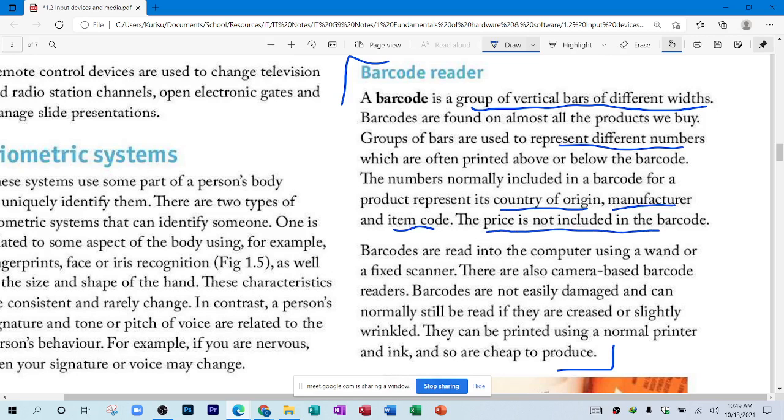Barcodes are read into the computer using a wand or fixed scanner. There are also camera-based barcode readers. Barcodes are not easily damaged and can normally still be read if they are creased or slightly wrinkled. They can be printed using a normal printer and ink, and so are cheap to produce. Very good.